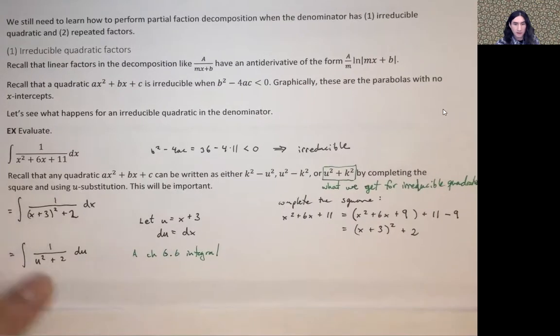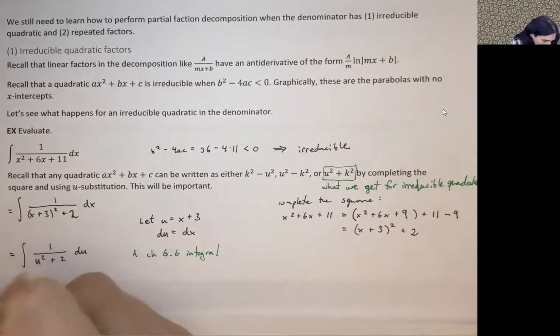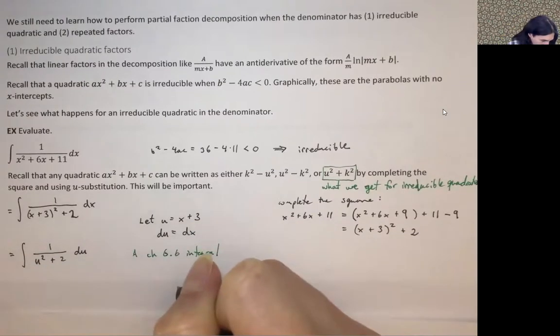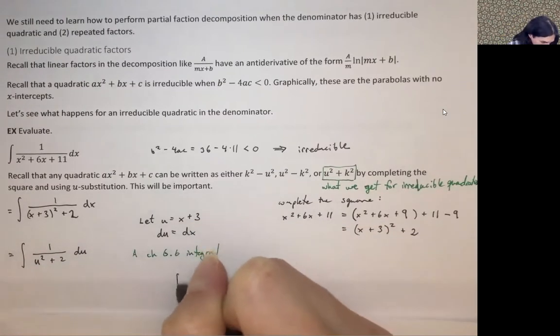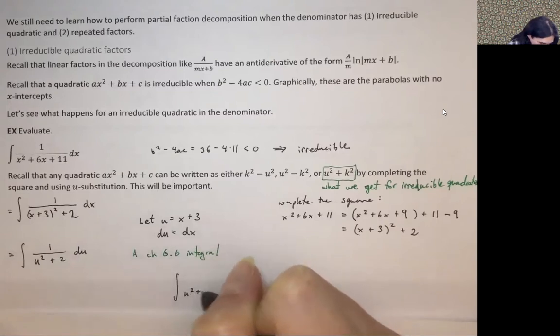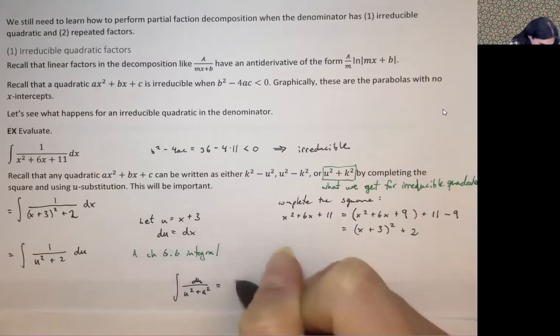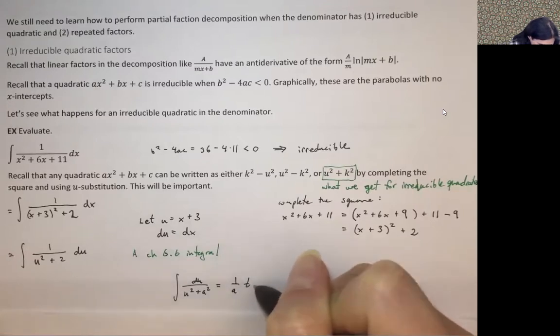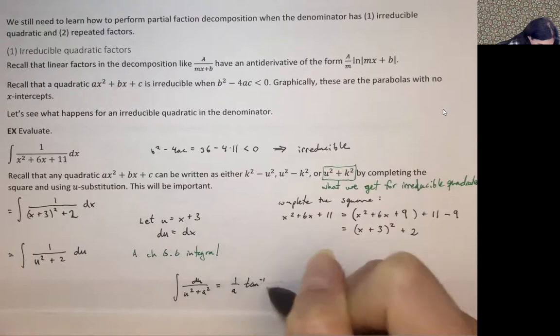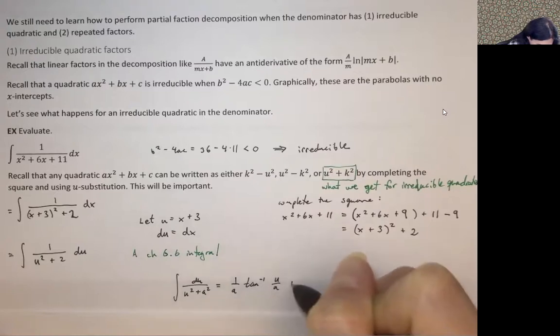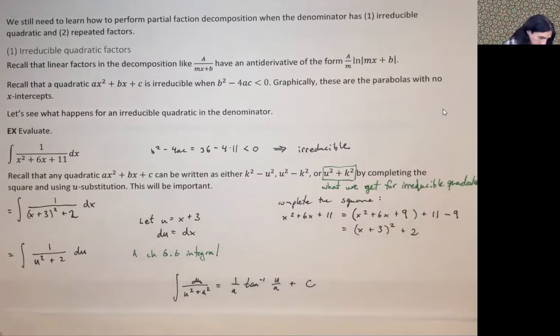And if you remember, this is basically an inverse tangent integration. So maybe I'll recall the formula over here. This would be, for instance, something on your formula sheet. The integral of 1 over u squared plus a squared du is equal to 1 over a inverse tangent of u over a plus c.